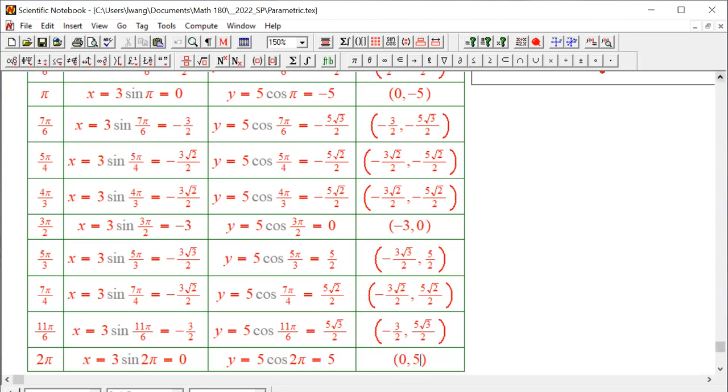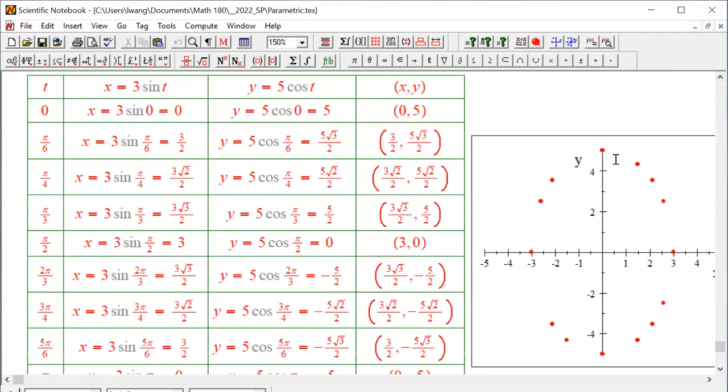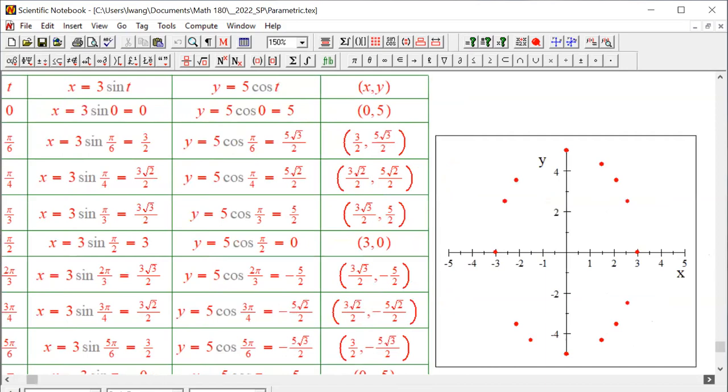One full cycle, but the trajectory goes like this. So if we are to mark the directions, it goes like this. So that's the ellipse.